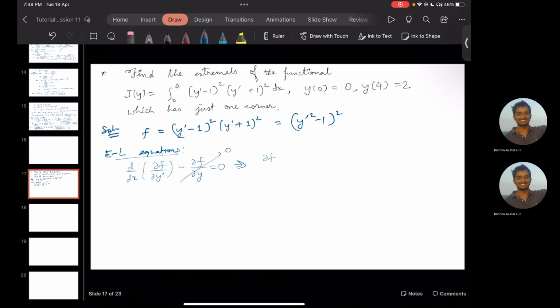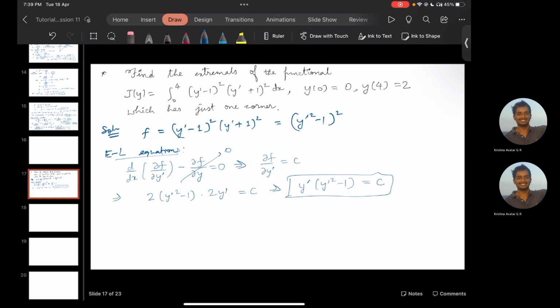So that we have del f by del y prime is equal to a constant. C is a constant here. And then this comes out to be 2 into y prime squared minus 1 into 2 into y prime is equal to C. And then we can write this as y prime into y prime squared minus 1 is equal to, I'll abuse the notation, C. So this is our extremal.